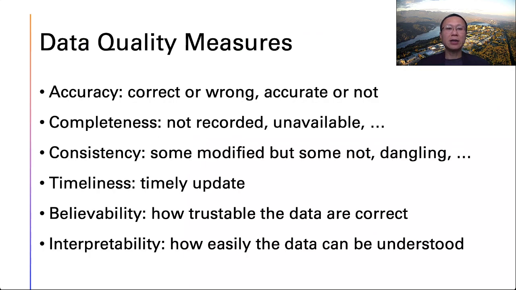So whether the data has good interpretability, easy to understand and easy to consume, is another important quality measure. Those are the data quality measures, as I just mentioned: accuracy, completeness, consistency, timeliness, believability, and interpretability.